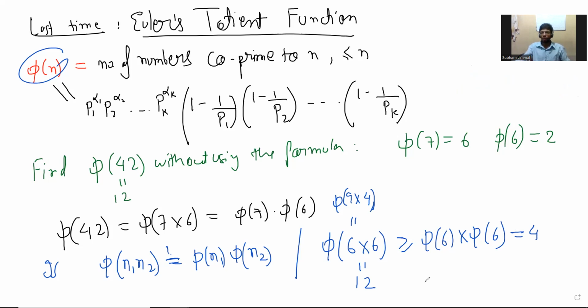So what we have basically learned, and everything is there on the board itself, is that if you take two coprime numbers, then it will certainly be true. So if n1 and n2 are coprime, then this is multiplicative, right?